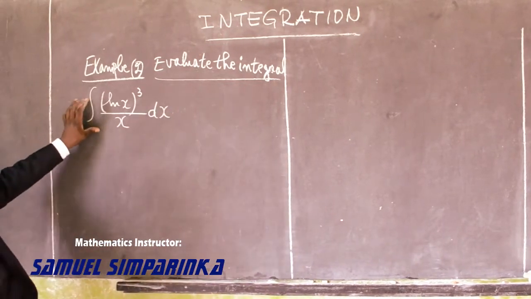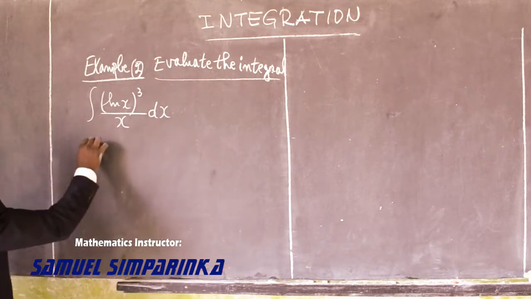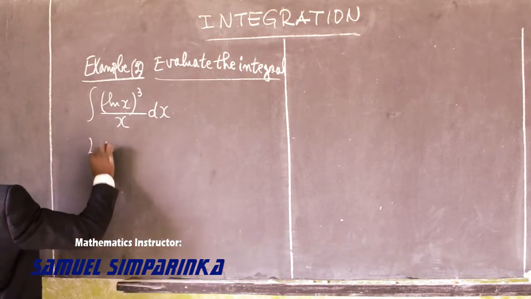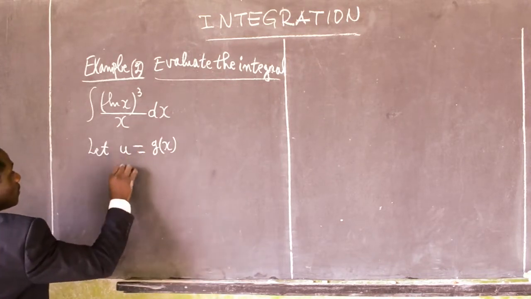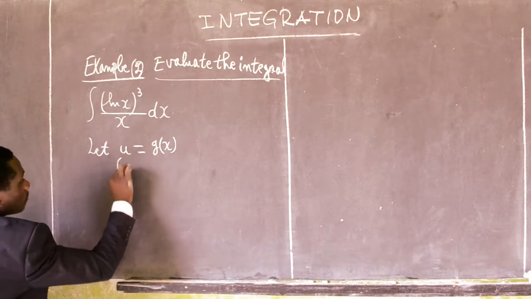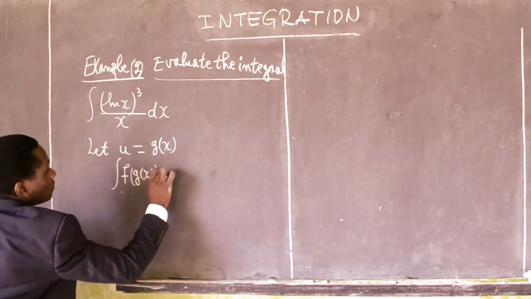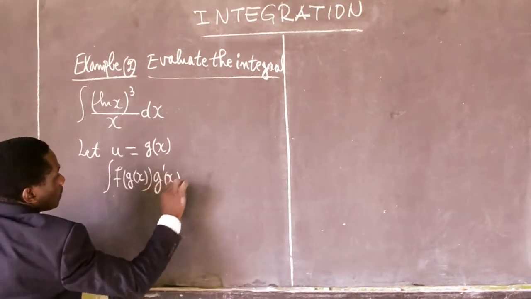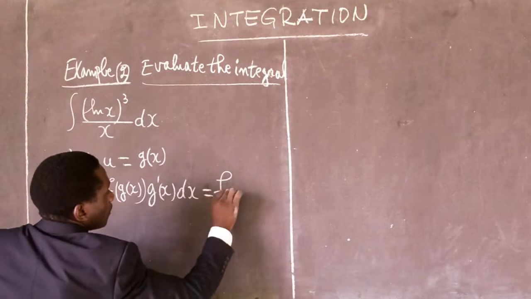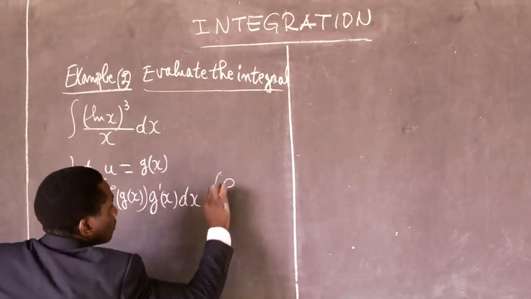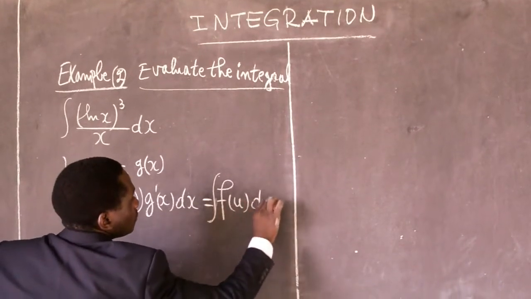So to evaluate this integral, we need to apply the formula below. Let u equals g(x), then integration of f(g(x)) times g'(x) dx is equal to integration of f(u) du.